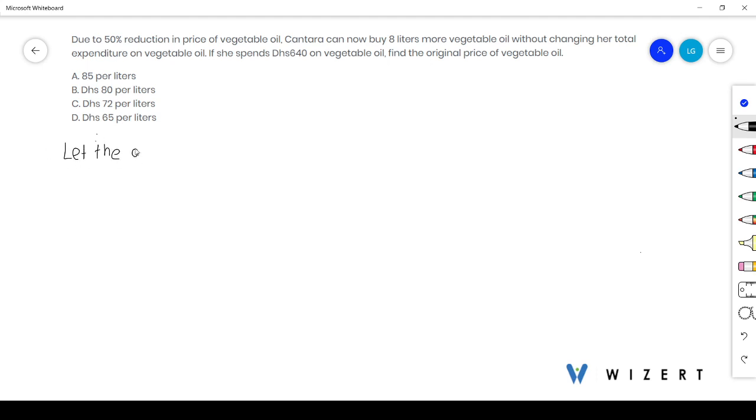Write the original price of vegetable oil be X dirham per liter.